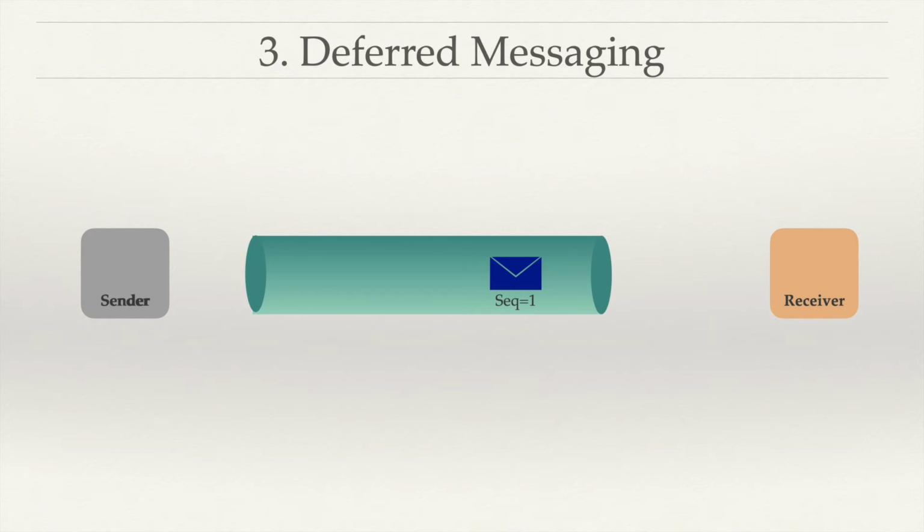So once the receiver is up and running, if it still has the sequence number available, then it has the option to receive the same message based on the sequence number.